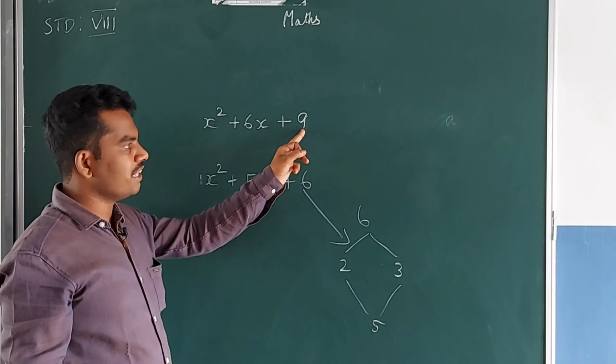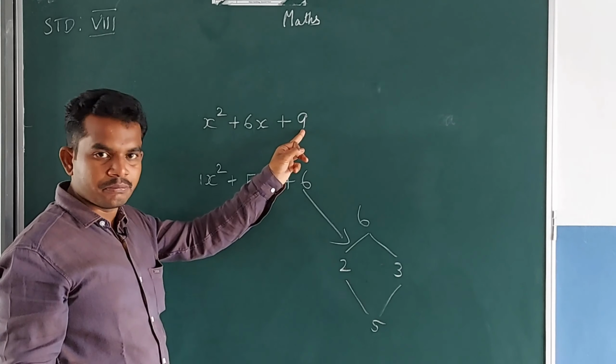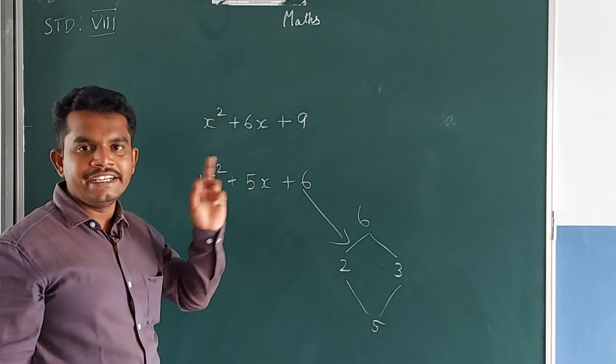For a square number, if the last term is a square number, you go to the identity.